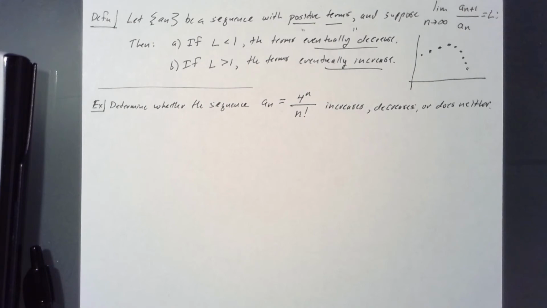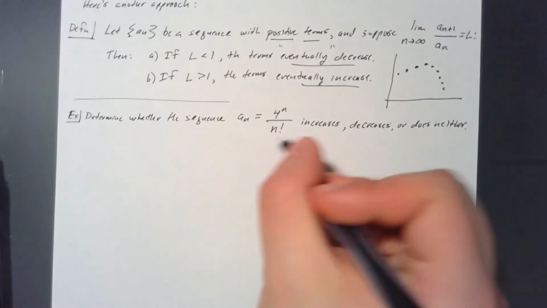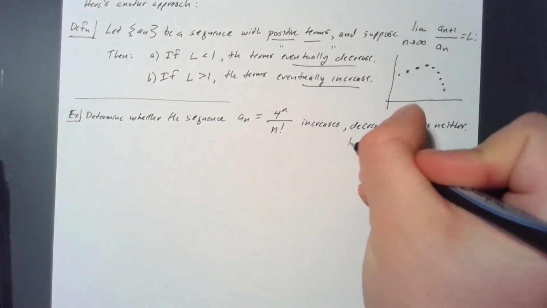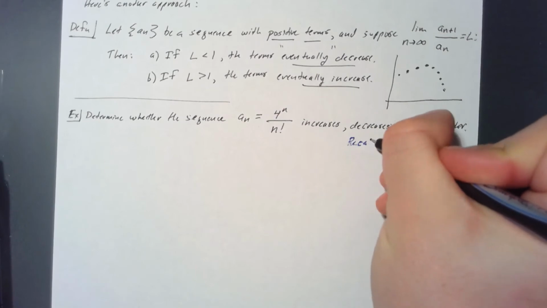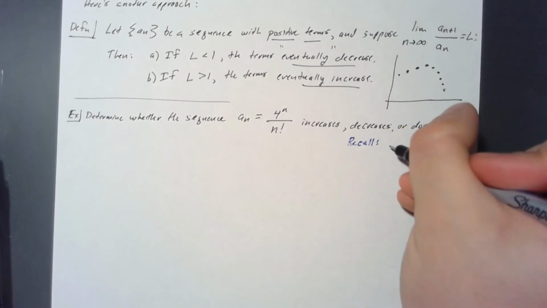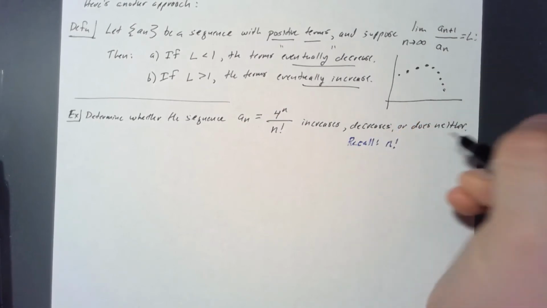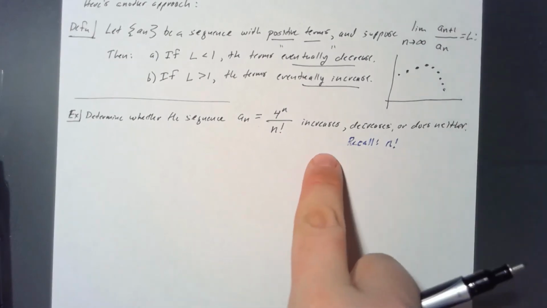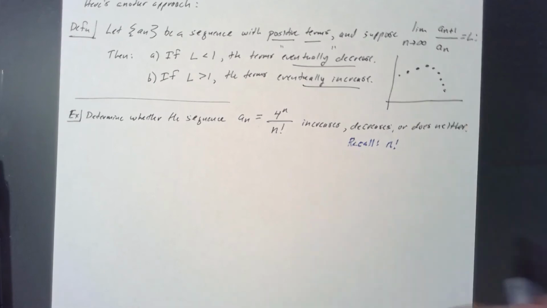So what does factorial mean again? Well, I want you to recall something. Factorial means you take the product of that number all the way down to 1.